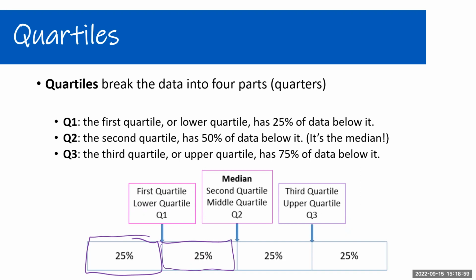And then Q3 at 75% below. For this reason, you can think about this as percentiles. Q1 is the 25th percentile. The median is the 50th percentile. And Q3 is our 75th percentile.